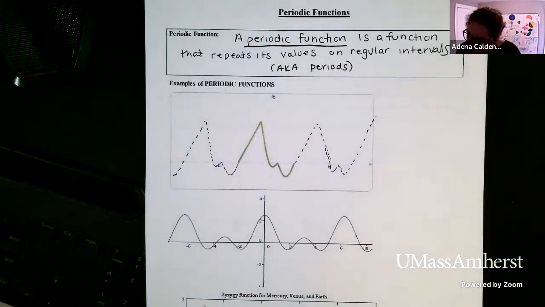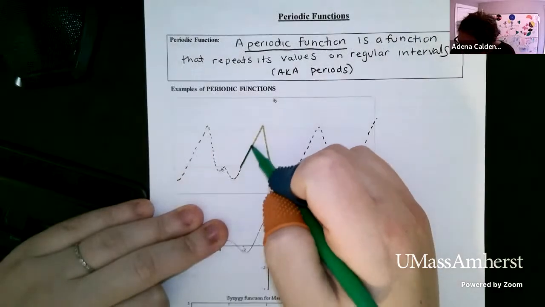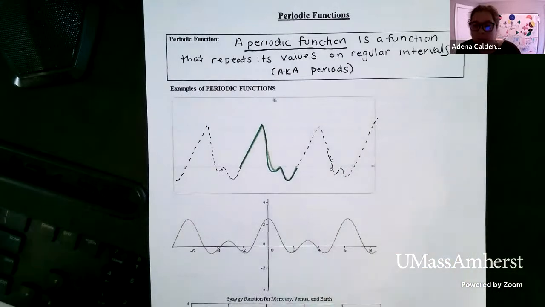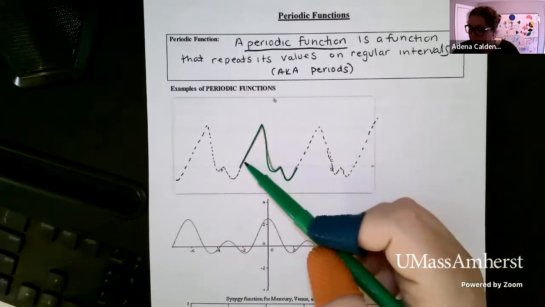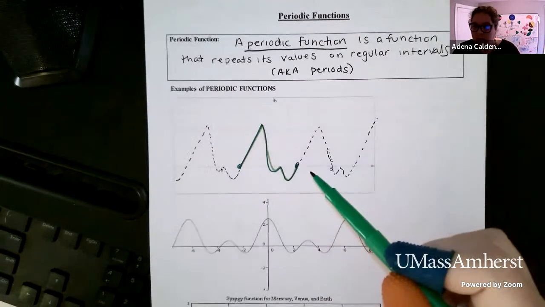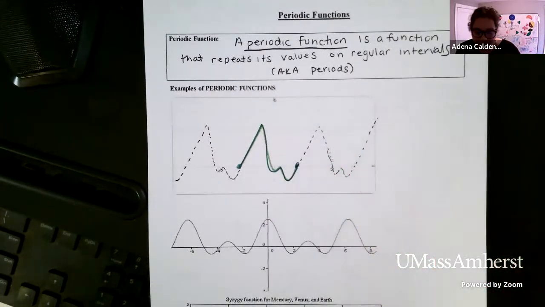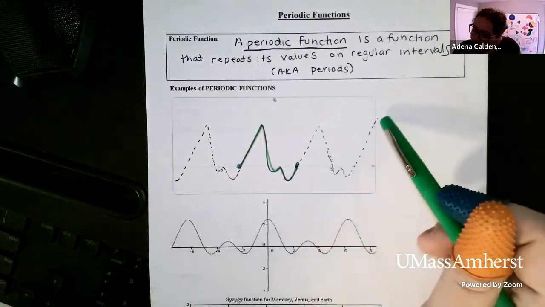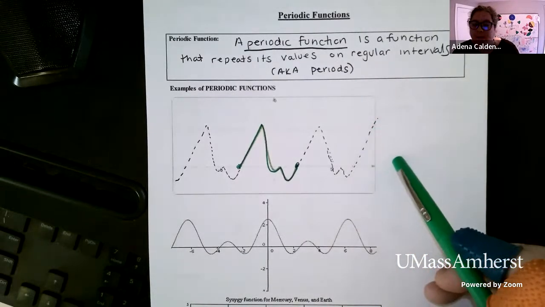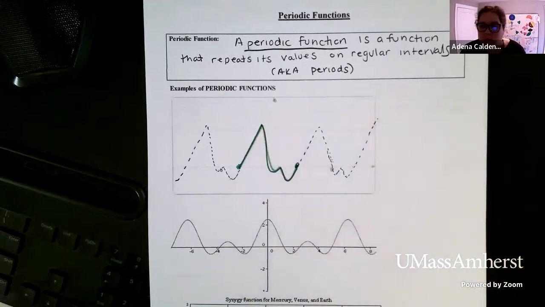I've darkened one section of this, which is part of the pattern that is repeated. If we start here, that's the same as if we had started here. It does the same thing again. If I were to ask you to continue this picture, you would have a good sense of what to expect to happen next, because it's repeating over time.